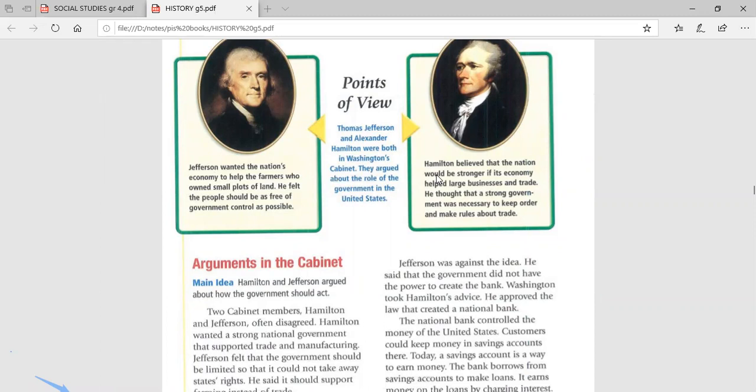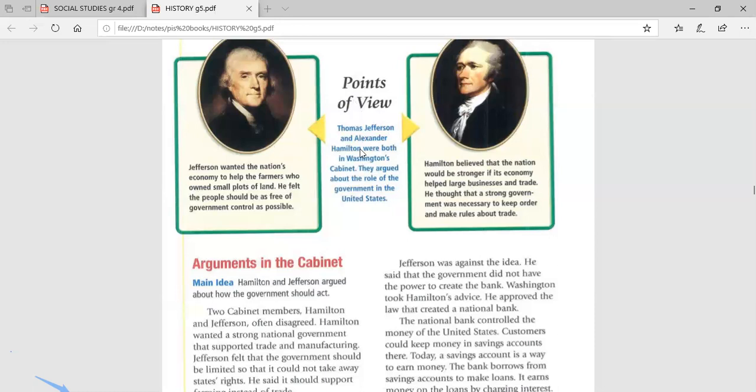Means all the issues regarding money, regarding taxes, regarding trading, all of these issues related to Hamilton. So now this section today is about the conflict, the problems between Jefferson and Hamilton.